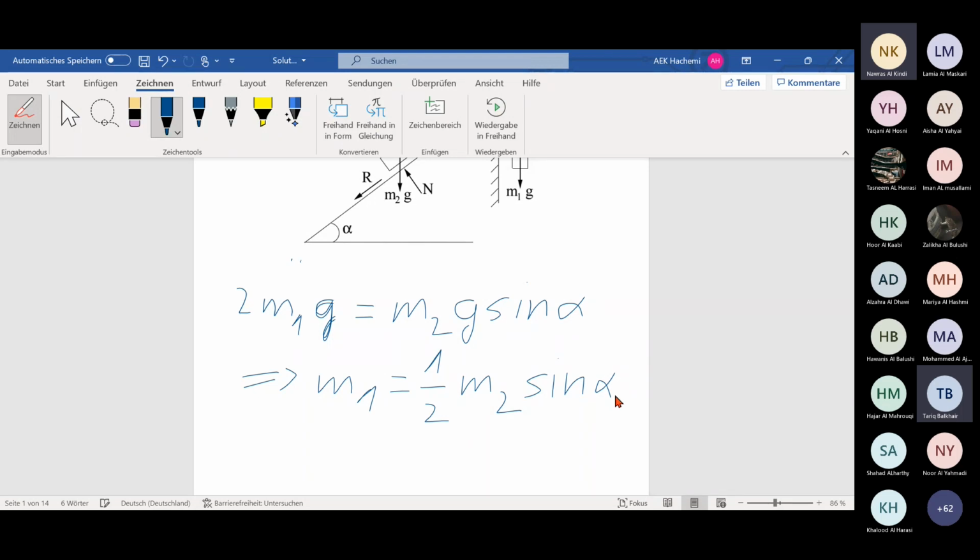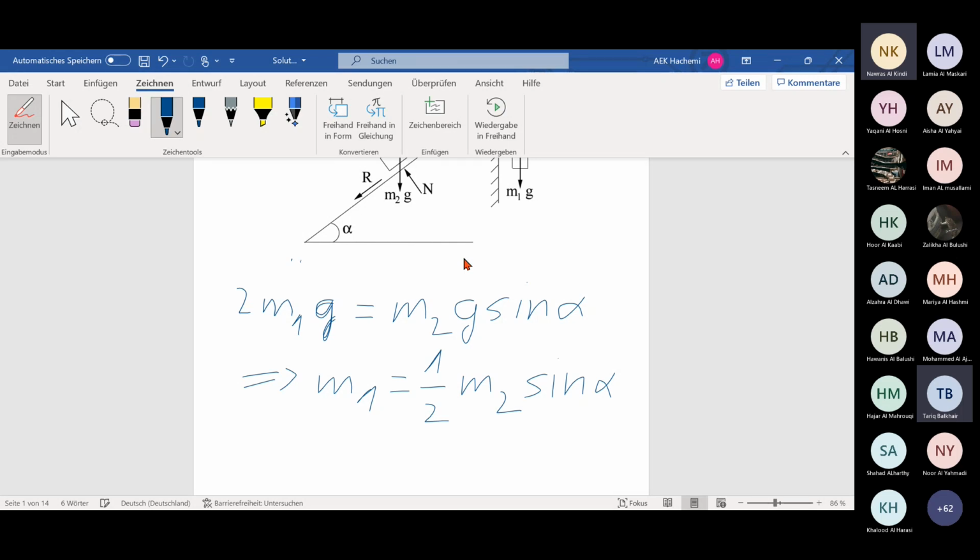In the exercise, it specified that M1 must be greater than the half of M2 sine alpha. Then it means, according to this task, the motion is positive in the x2 direction.